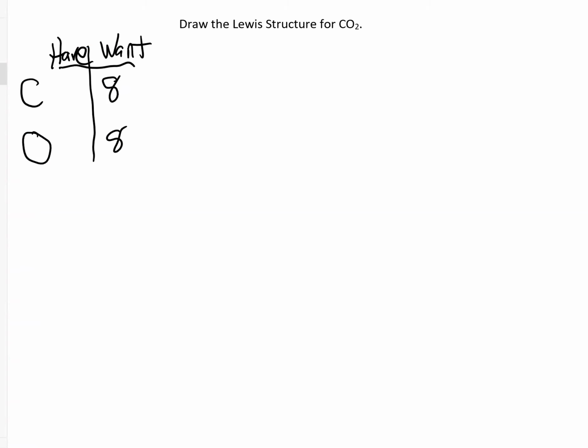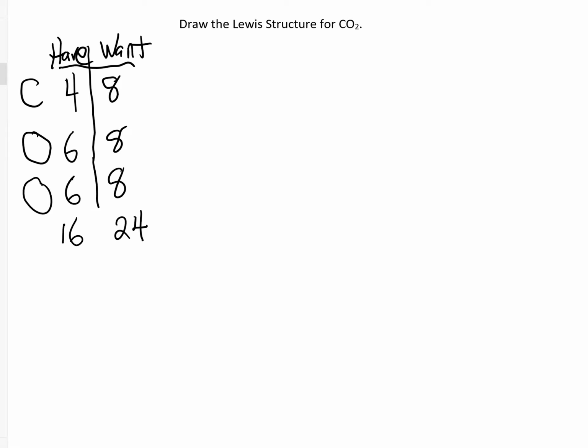I'm going to have 6 valence for oxygen, 4 valence for carbon, and I need to multiply in or factor in the second oxygen. So at the end of the day, we would like to have 24 electrons. Reality is we have 16.